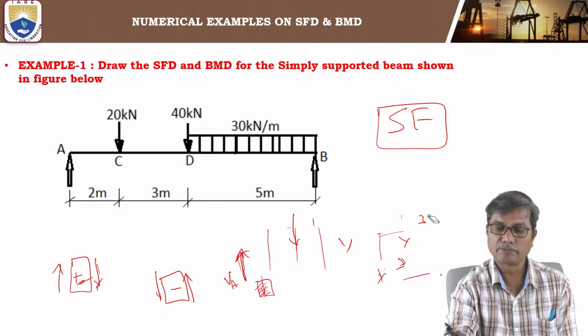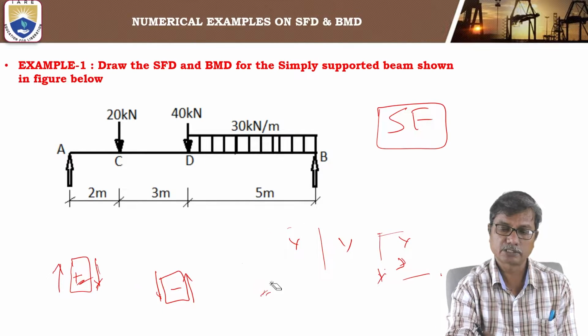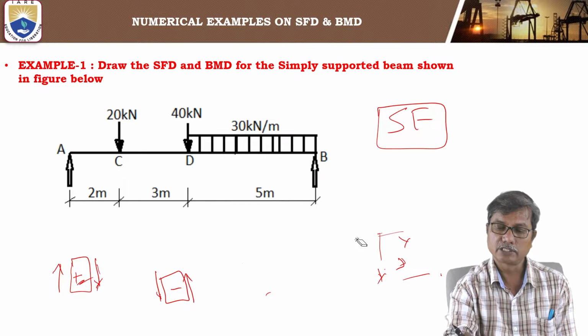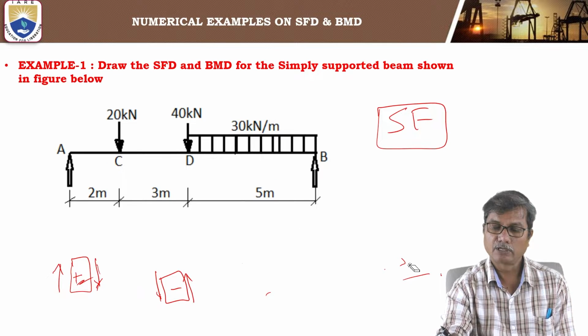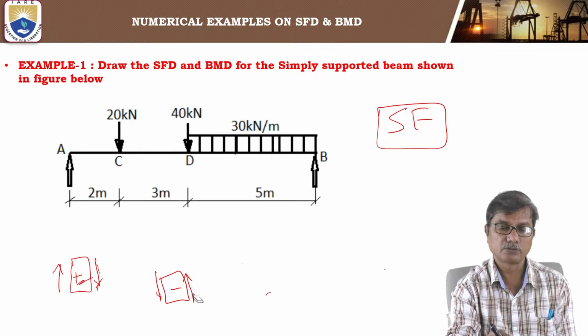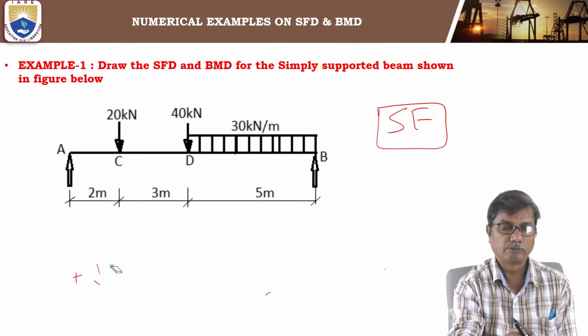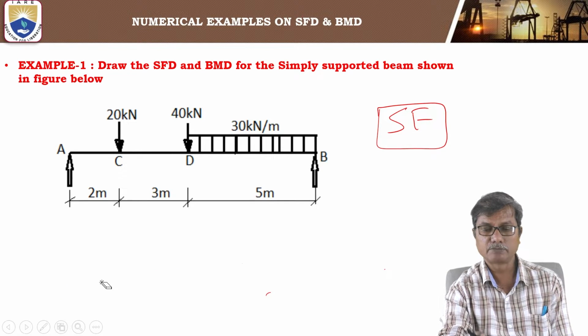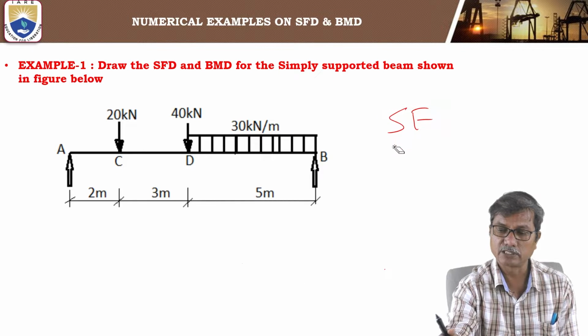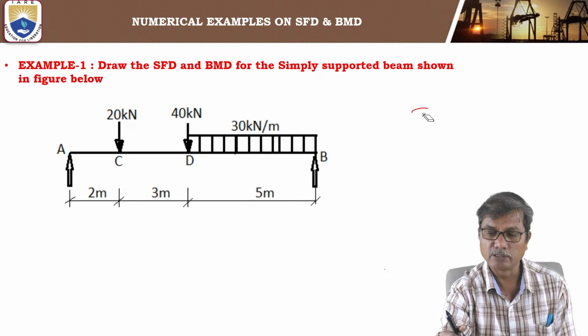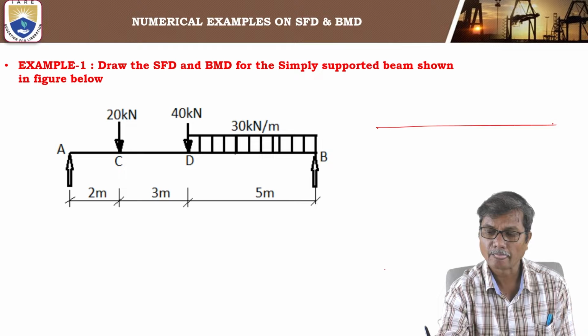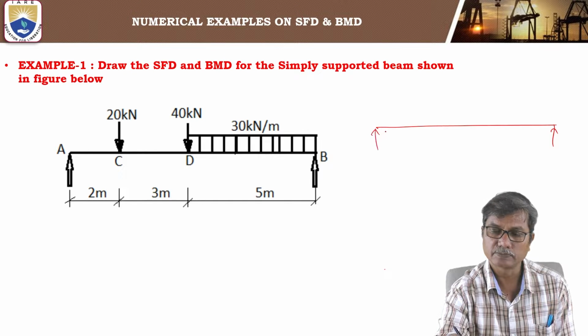And also for bending moment, all the sections are subjected to bending moment. In beams, each and every section is subjected to bending moment. For example, consider some sort of loading.